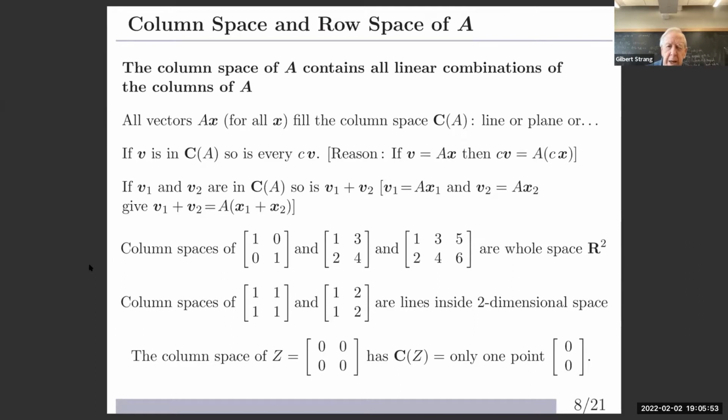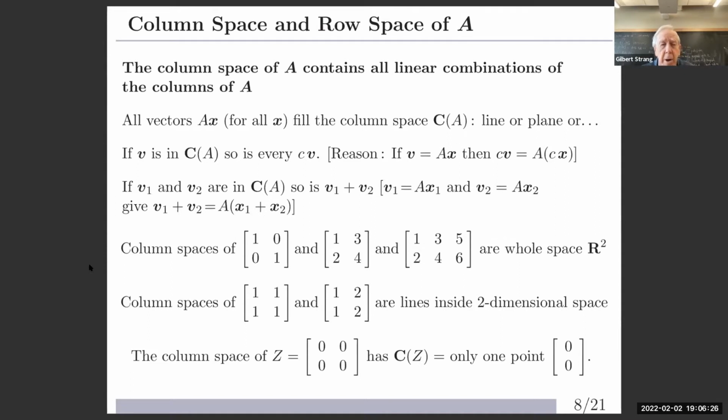So the column space is all combinations of the columns. Those columns are vectors. You can take combinations. So you can take 2 times column 1 minus 5 times column 2 plus 11 times column 3. And so you get a whole lot of vectors. They fill a plane, maybe a high dimensional plane, but it's linear algebra, so the plane is flat.